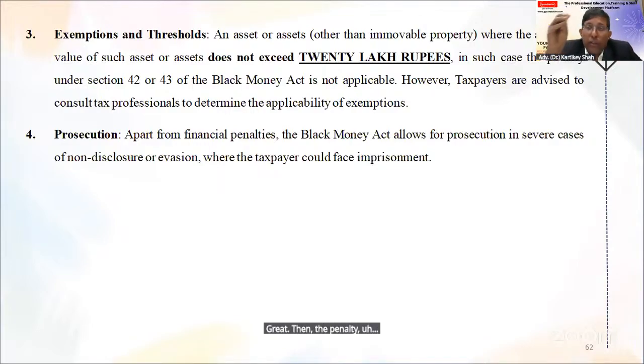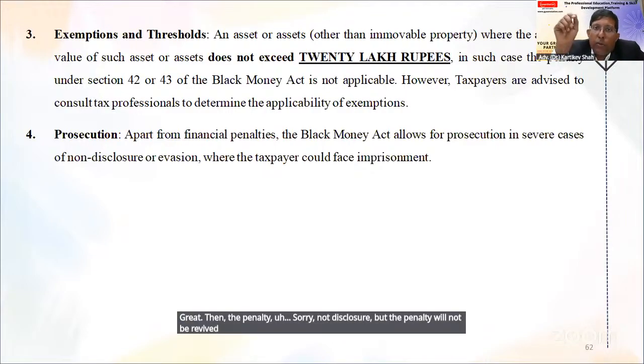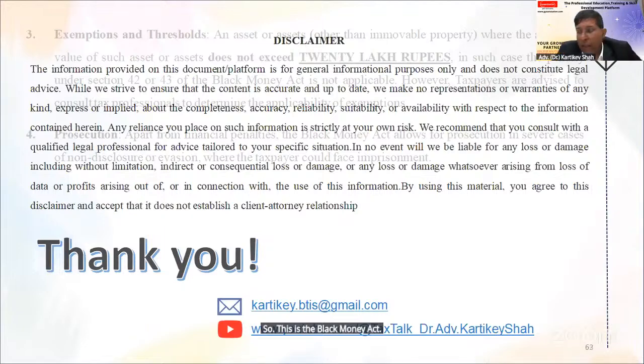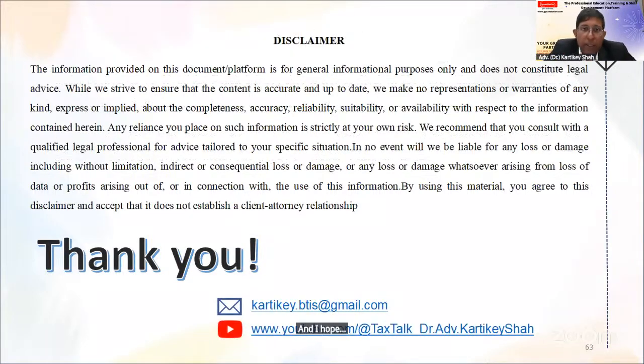Sorry, not the disclosure, but the penalty will not be levied if the amount does not exceed 20 lakh rupees. So this is the Black Money Act, and I hope I have completed in time.